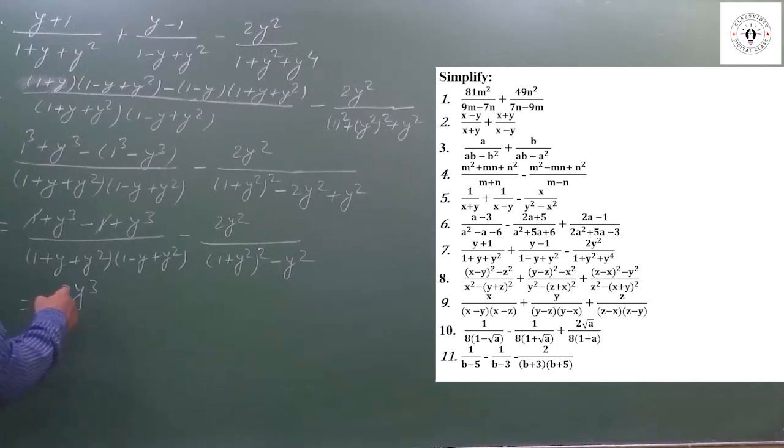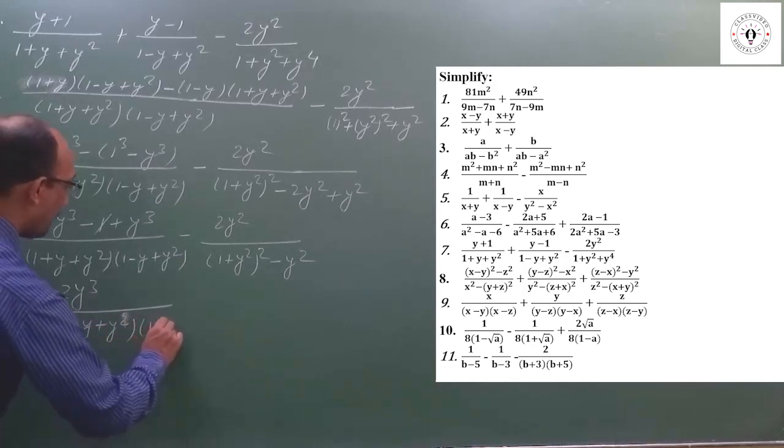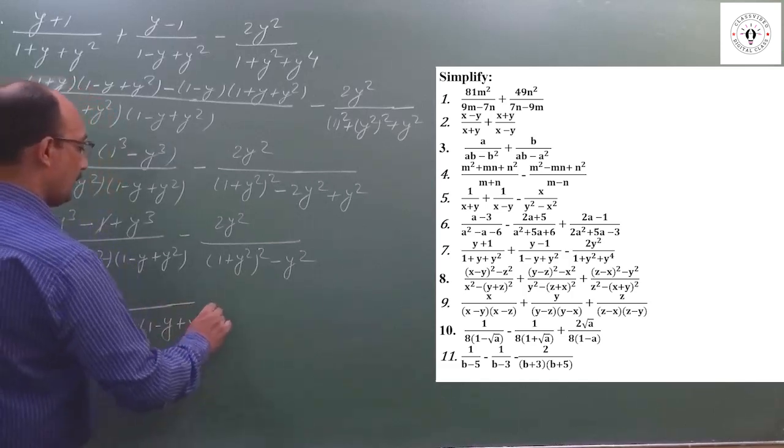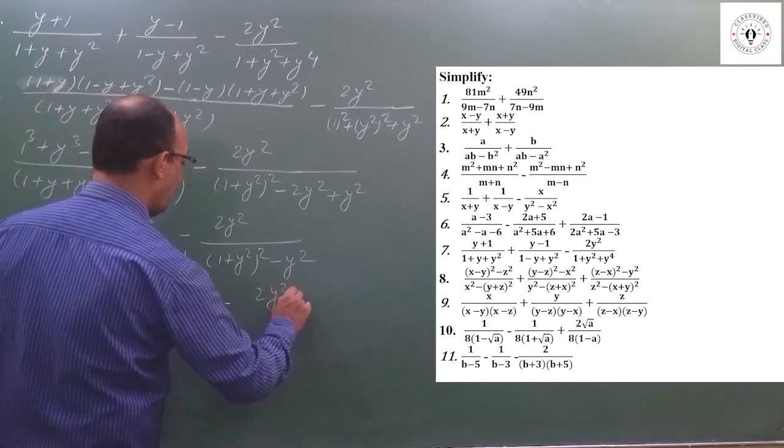2 times y cube, and denominator same, (1 + y²)(1 − y + y²), this is also same, minus 2y².